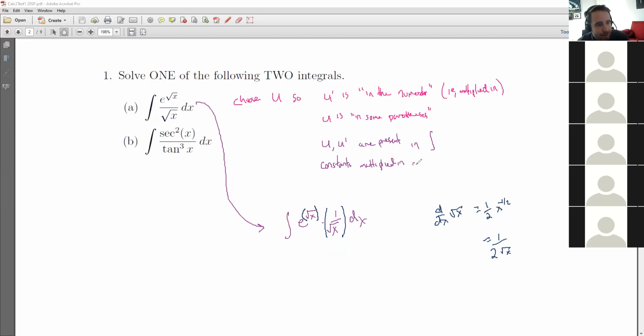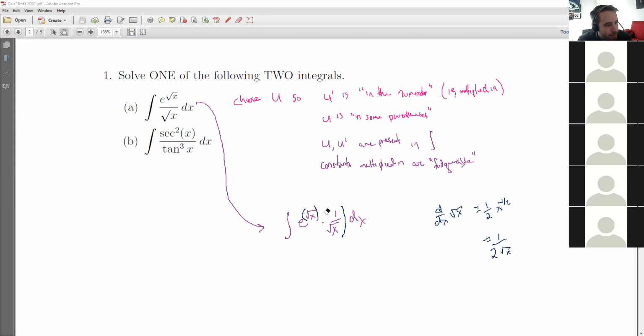Constants that are multiplied in are fudgeable. Very technical word, fudgeable, basically meaning that, at the moment, I'm missing this 2, but I can easily add in this 2, and I'll do that here.